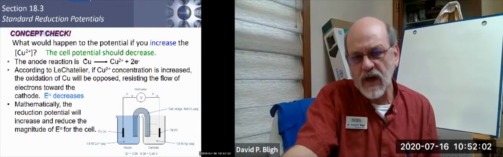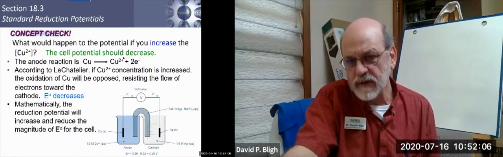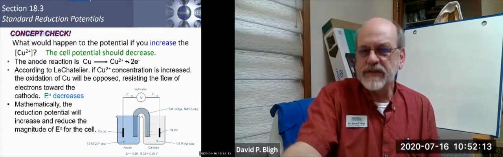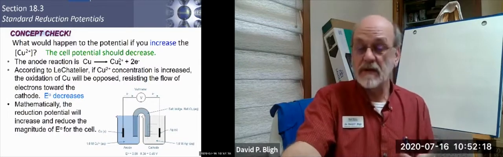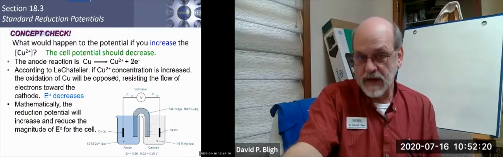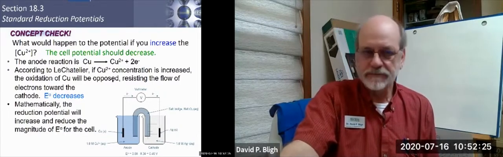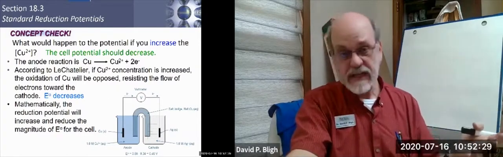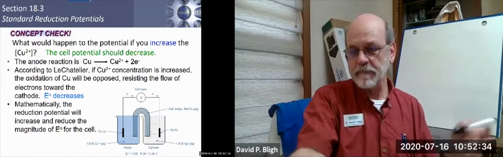We're oxidizing copper, right? If you increase the concentration of copper here, then you drive the reaction back toward that, and that decreases the tendency for oxidation. So the overall potential would decrease if you increase the copper concentration. If you decrease the concentration of copper, you would increase the voltage. Okay?